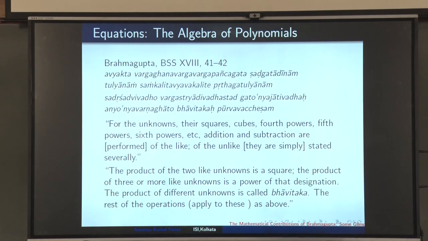So, x into y, you just keep it separate. Then after taking the product, how to add them? Like it has been stated before. How better can you represent the operations of addition, subtraction, multiplication of a polynomial ring in several variables? So, the algebra of polynomials is very clearly stated by Brahmagupta.